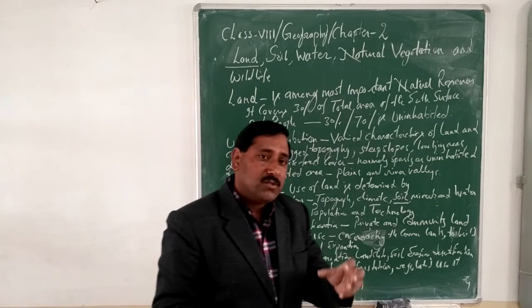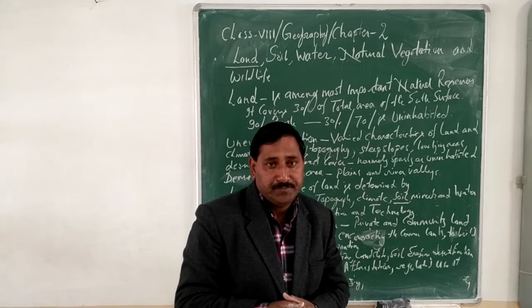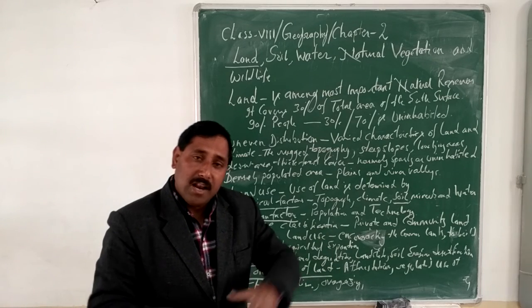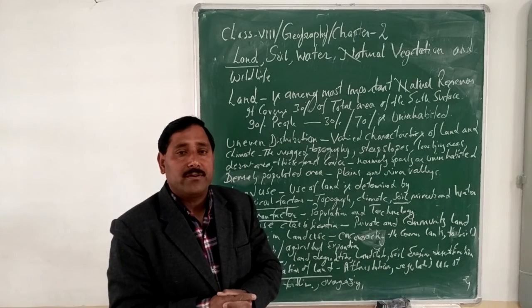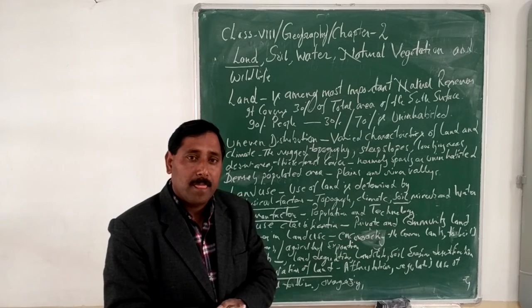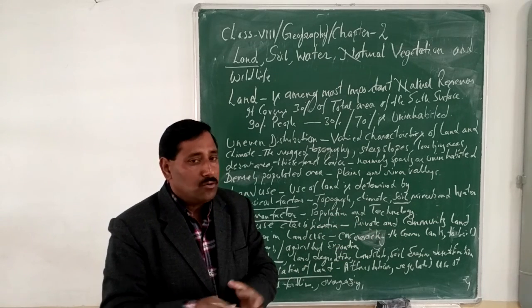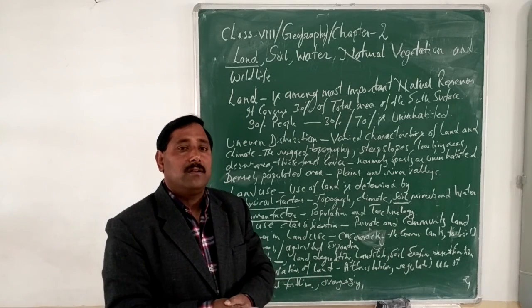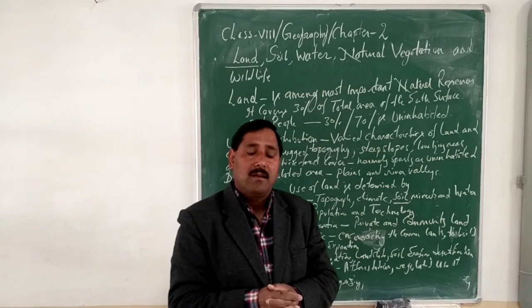Now, those areas where soil is fertile, more agricultural activities take place. A large number of people live in these areas, like we discussed, the northern plains and the river valley areas. You go to the Deccan part, mineral-rich soil is there, black soil, which is also known as the regur soil.